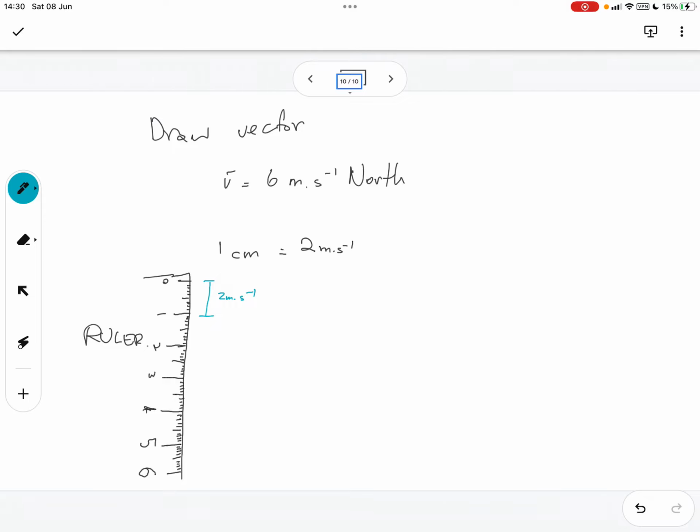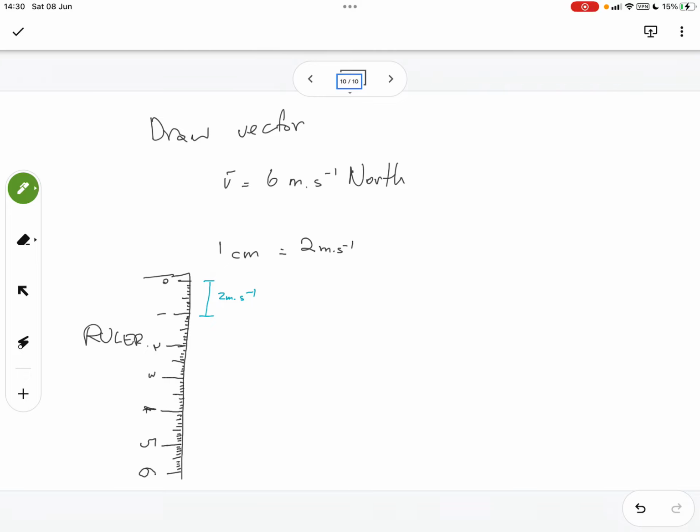So we put it on a piece of paper, and then we start to draw. So we know that this distance here is 2 meters per second. So for our vector on the ruler, where's 6 meters per second going to end?